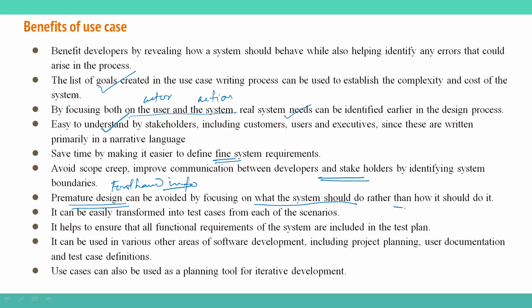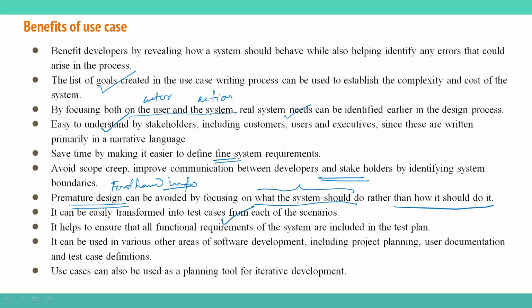So our design can be based on what the system should do, because it is very clearly written in the use case. It can be easily transformed into test cases from each of the scenarios, because we are mentioning why we require it, right?